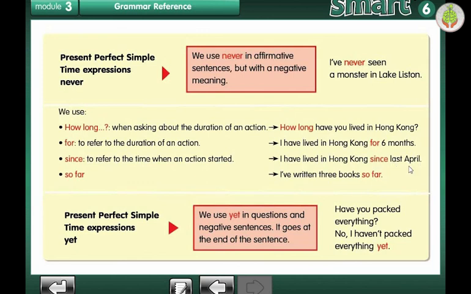Last April. So far means until now. Alright, so we use for when we give a duration of an action, but we don't really specify which days, which months. Alright, but we use since when we want to talk about specific time.